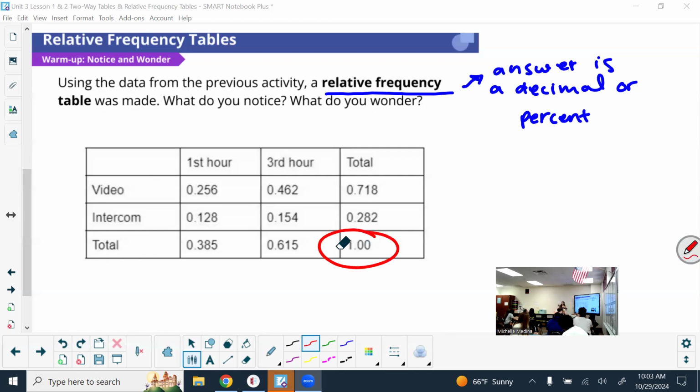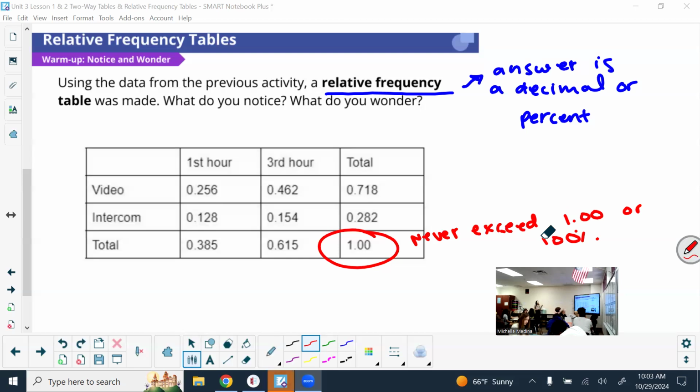So if you are talking about your grand total, it should never exceed 1 if your answer is a decimal, or 100%. Because again, all of these can be made into percents if I just multiply it by 100%.